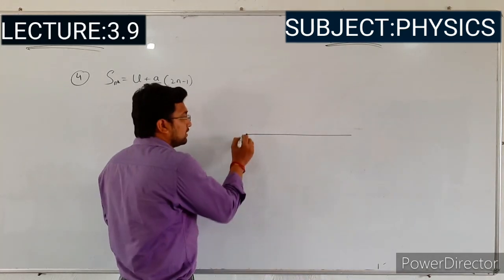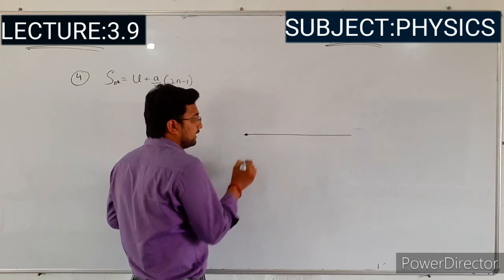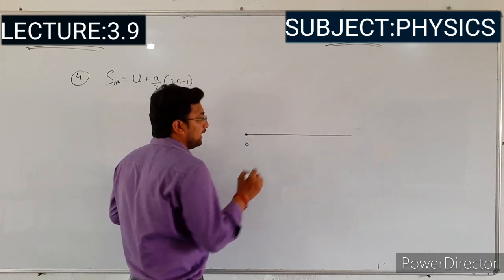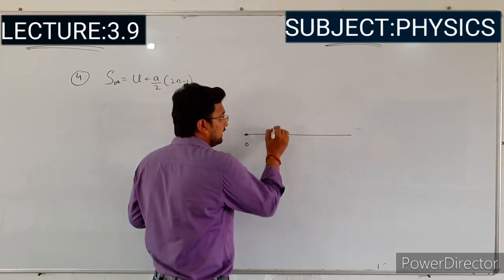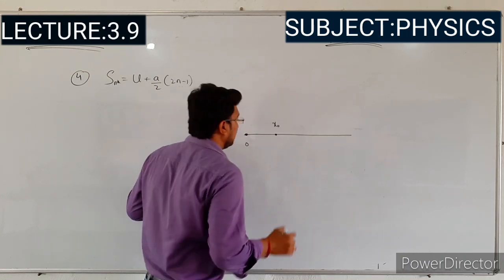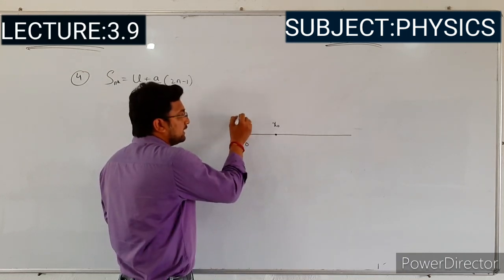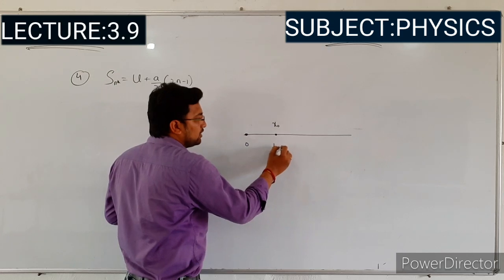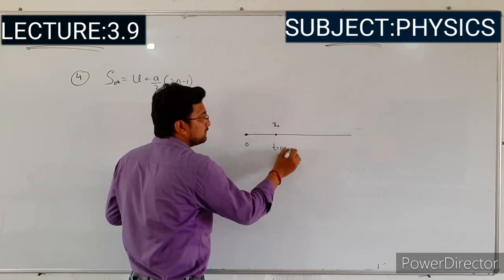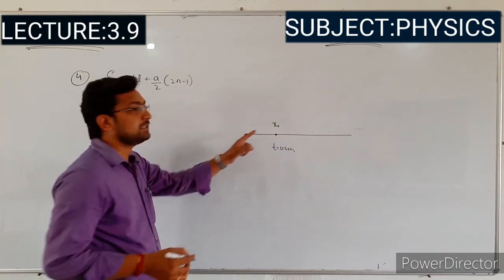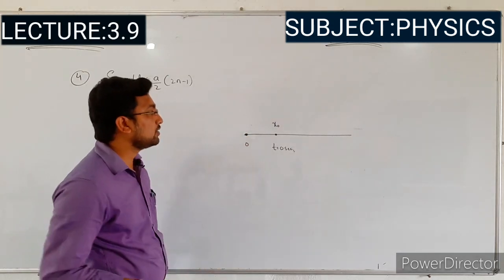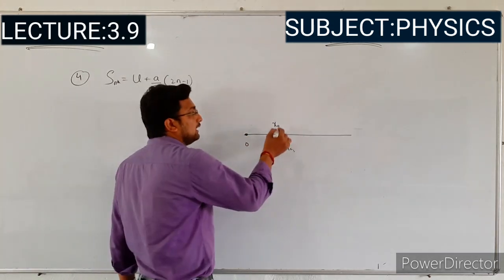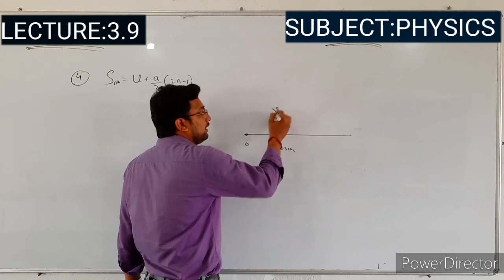This is the reference point O, and this is the position of the object, x naught. If t is equal to 0 second, the object is present at this position x naught, and the velocity of the particle at this position is v naught.